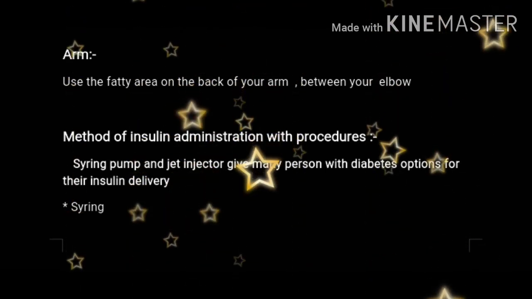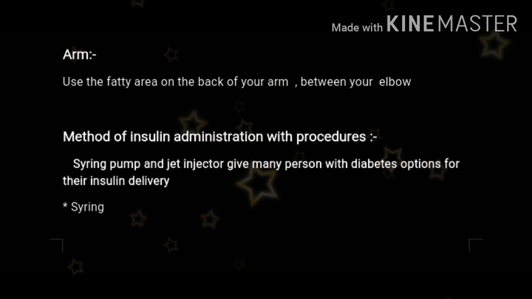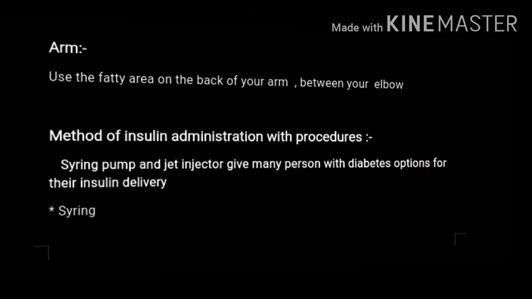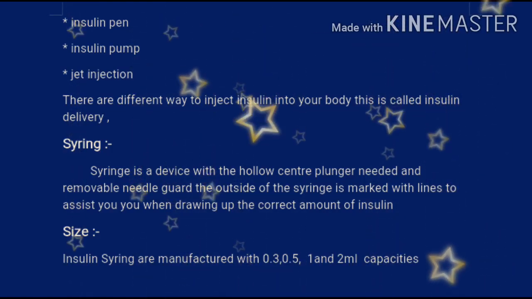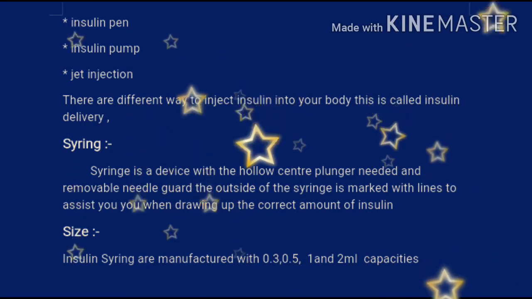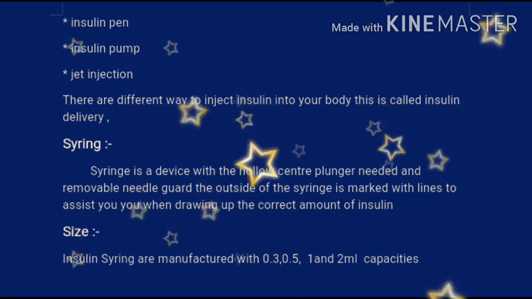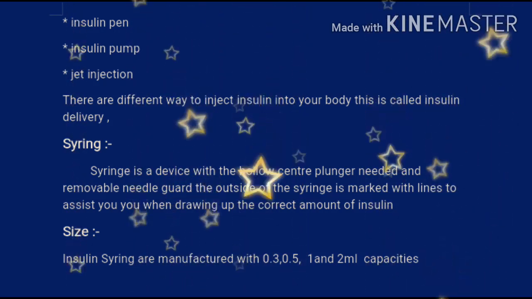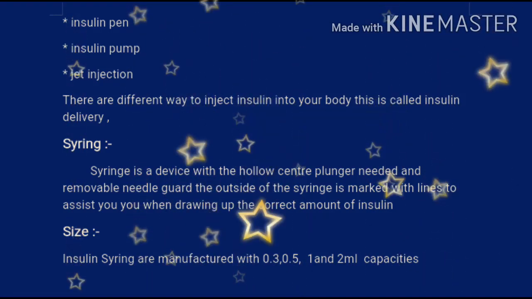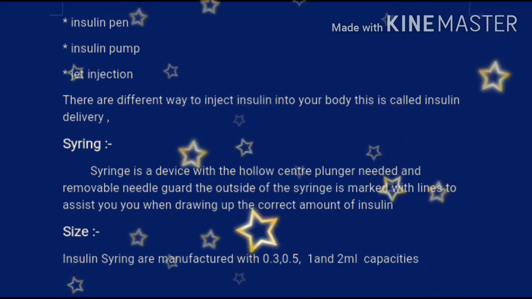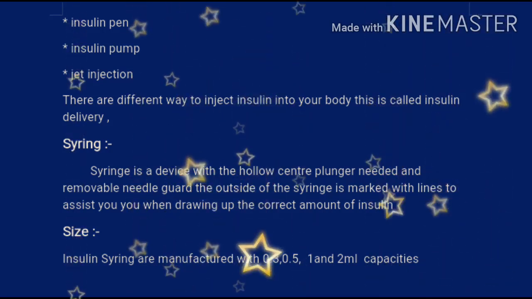Then methods of insulin administration with procedure: first, syringe; second, insulin pen; third, insulin pump; fourth, jet injection. A syringe is a device with a hollow center, plunger, needle and removable needle cap.